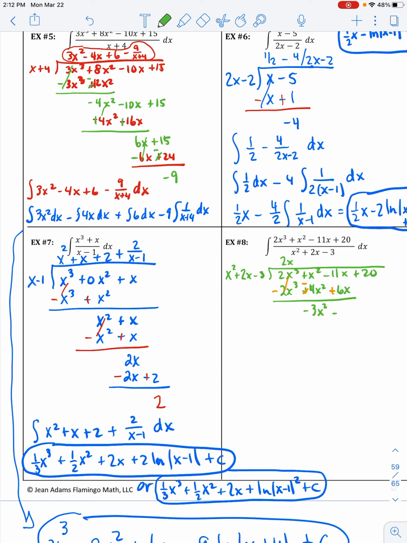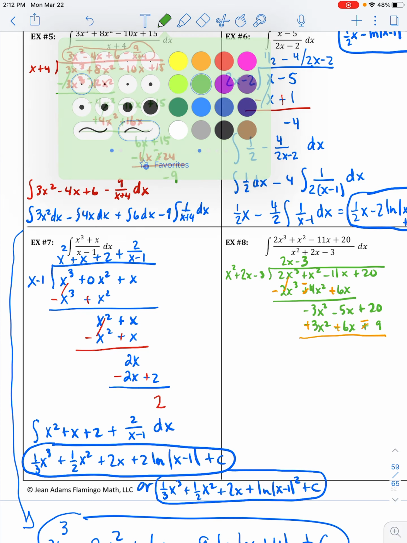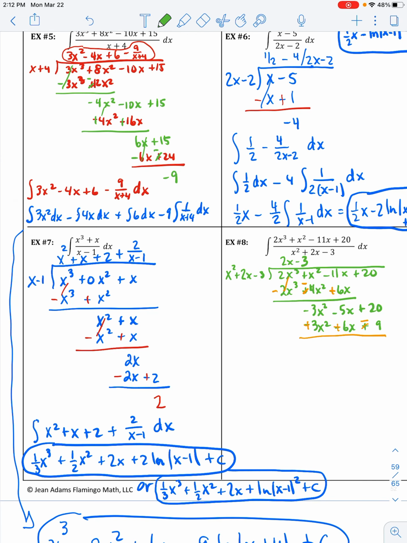Negative 3x squared minus 5x, bring down my plus 20. And then negative 3 gives me negative 3x squared minus 6x plus 9. But then I subtract, which gives me a positive here, and a negative there. So that one goes away.